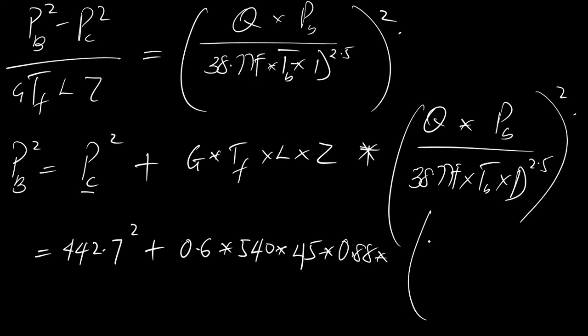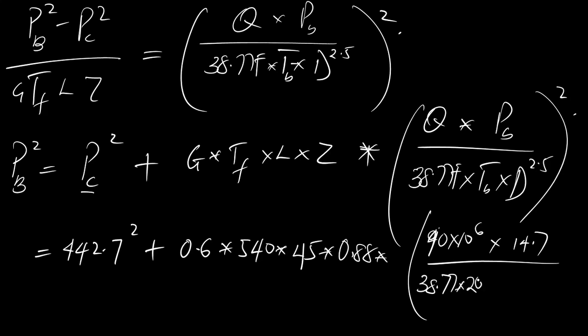The flow rate is 90 times 10 raised to power 6 times 14.7 divided by 38.77 times 8 divided by 38 divided by 20.339 divided by 520 divided by 17.25 raised to power 2.5, all squared.